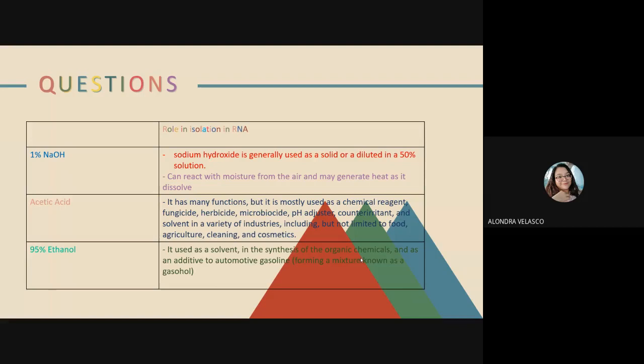It is used as a solvent in the synthesis of organic chemicals and as an additive to automotive gasoline, forming a mixture known as gasohol, a mixture of gasoline and ethyl alcohol used as a fuel in internal combustion engines. Biologic function and other questions will be tackled by Miss Eunice Mosande.